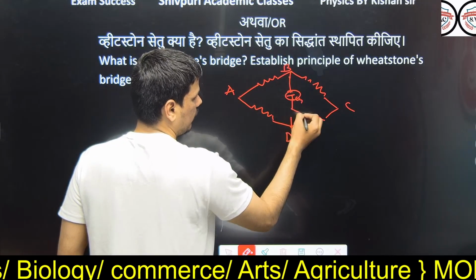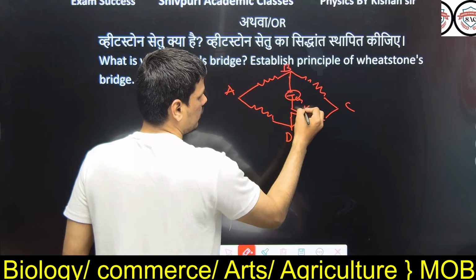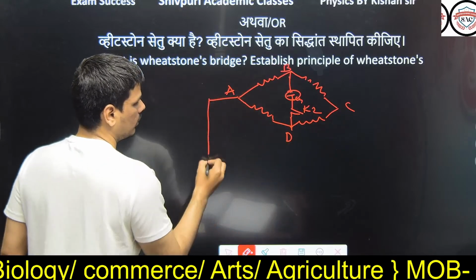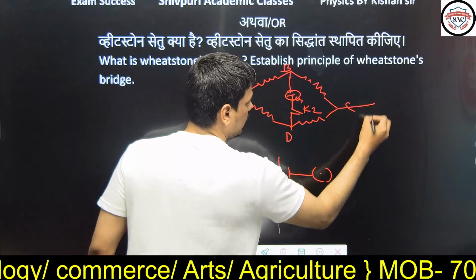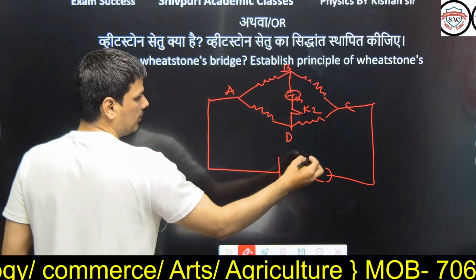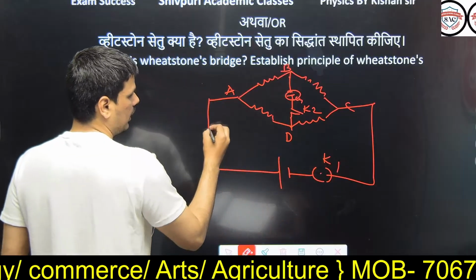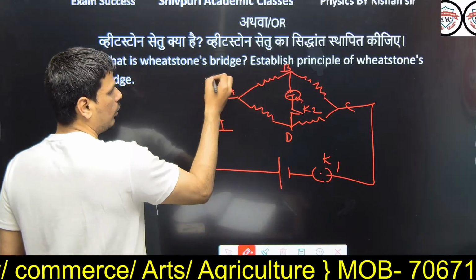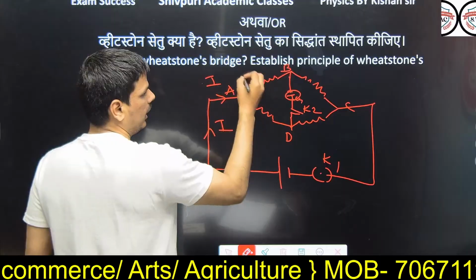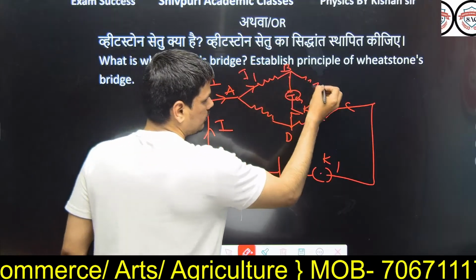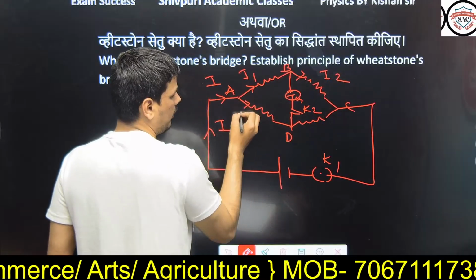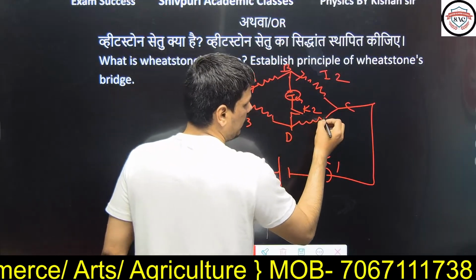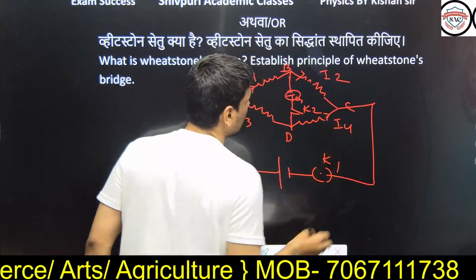So this is a galvanometer, this is a key K2, this is connected to a cell, and there is a key K1. When we press key 1, the current flows in the closed circuit, and here it gets I1, I2, I3, and I4.